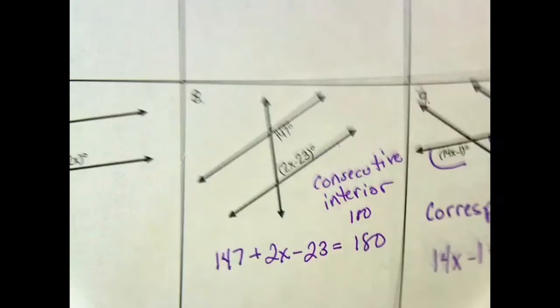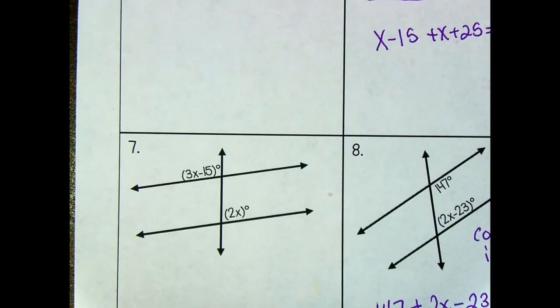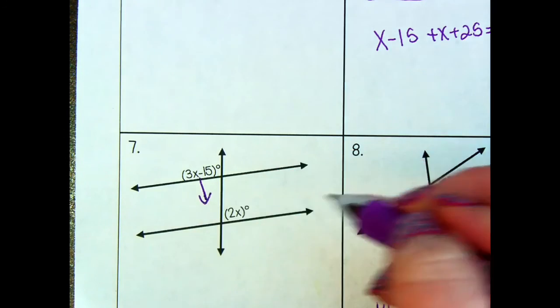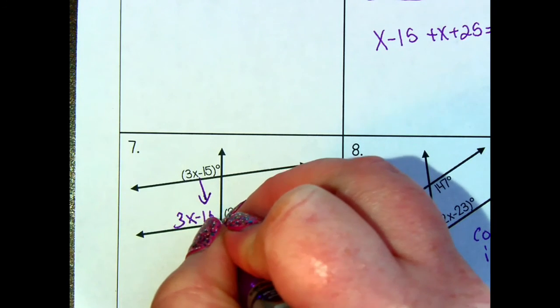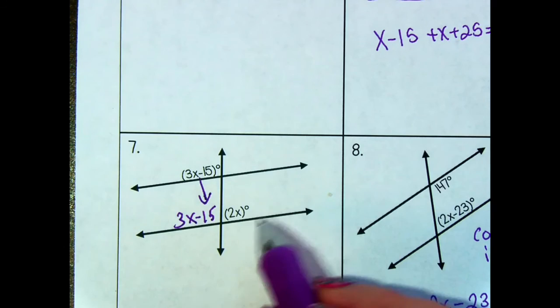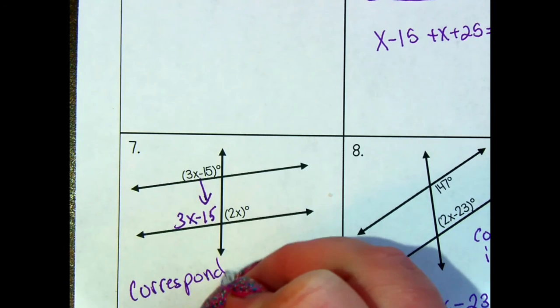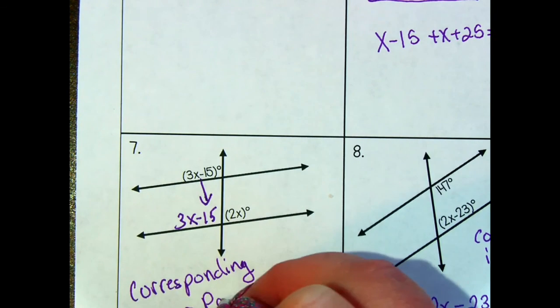For number 7, there is no mathematical relationship here, so if you remember, we have to use what we know about other relationships. I can choose to bring this 3x minus 15 down using corresponding angles, and then a linear pair because they add up to 180.